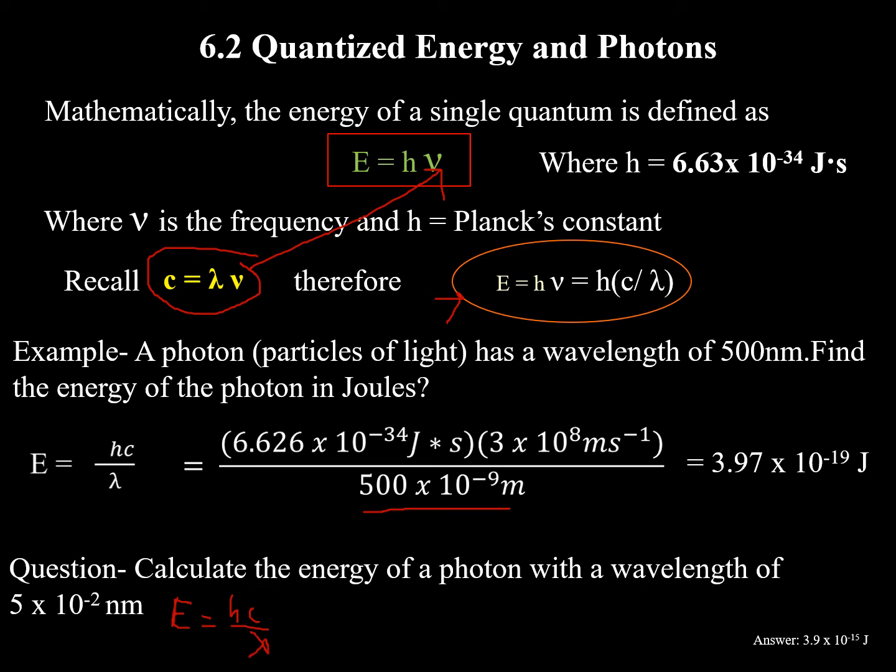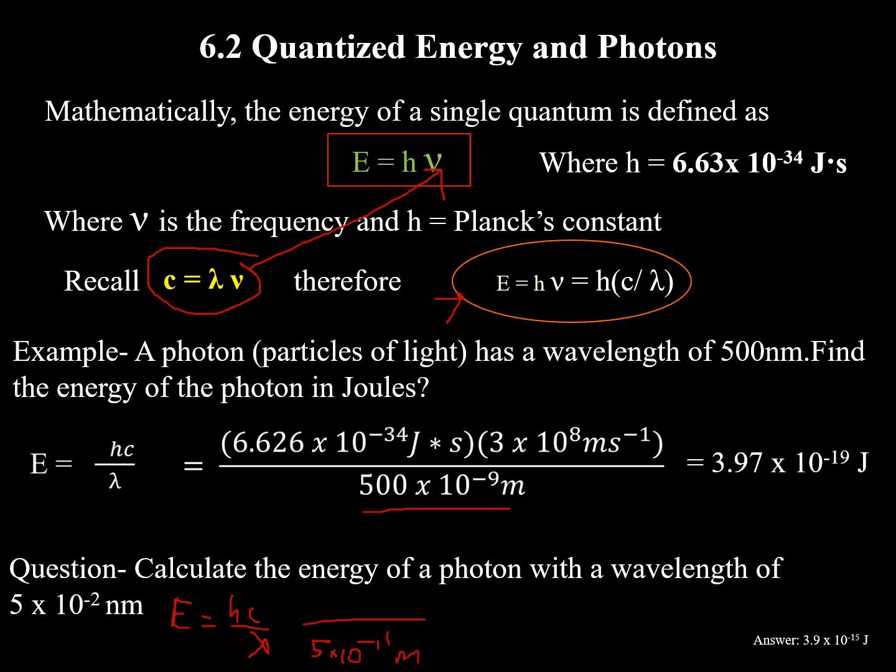We know h, 6.63 times 10 to the -34. We know c, the speed of light, 3 times 10 to the 8. These are constants. And we need to convert 5 times 10 to the -2 nanometers to meters. And that comes out to 5 times 10 to the -11 meters.